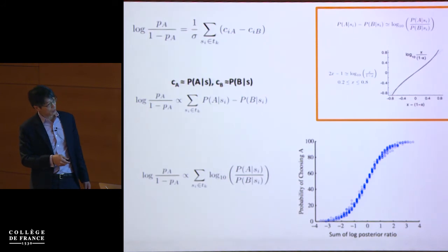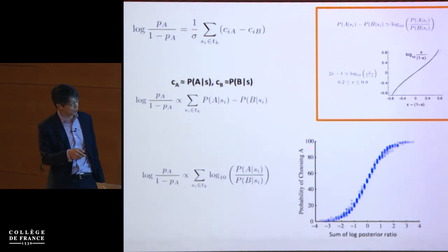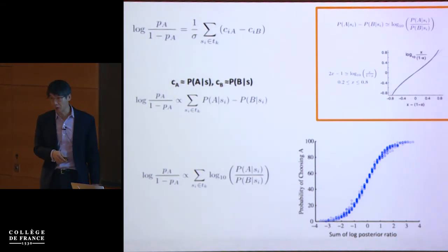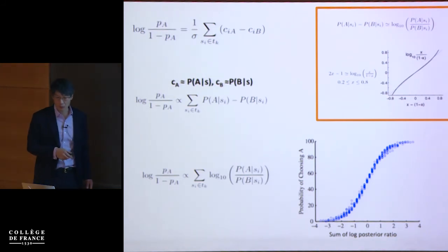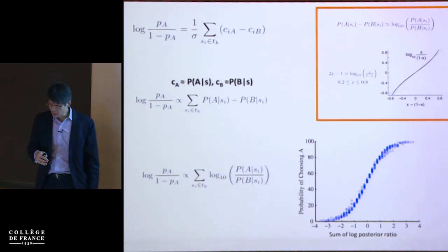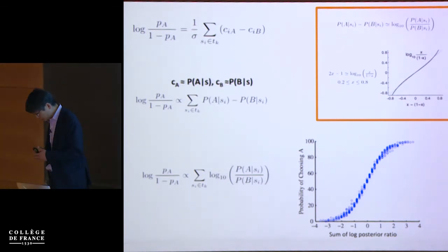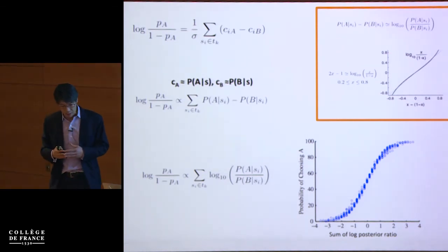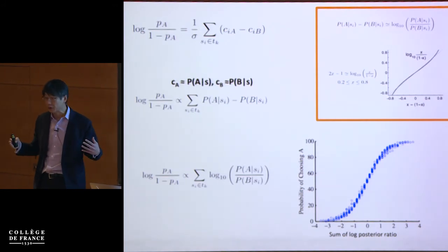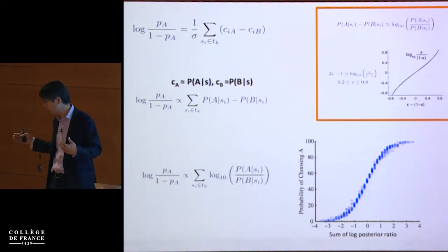Voila. And now you get what exactly was observed in the monkey experiment, namely the probability of choosing one of the 2 options is a sigmoid function of the sum of log posterior odds. I think there are 2 general points to make here. One is that at least under some condition, you do learning through a number of trials.